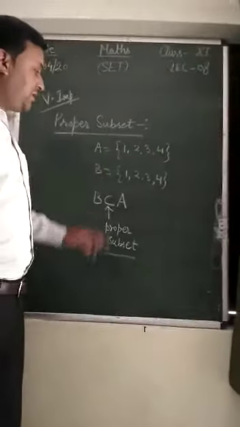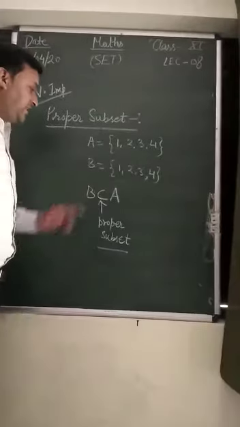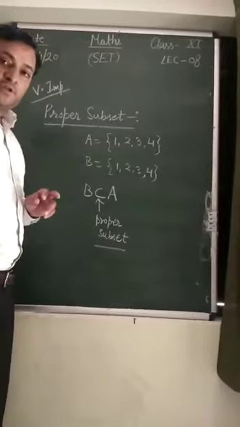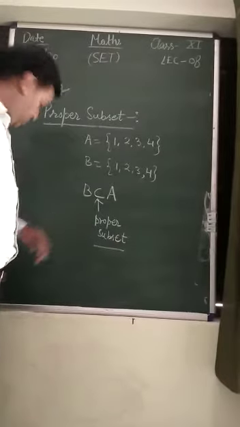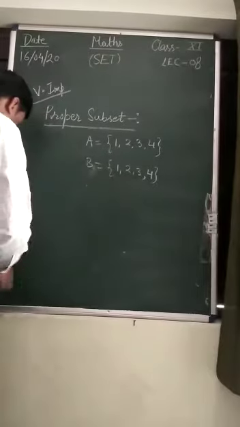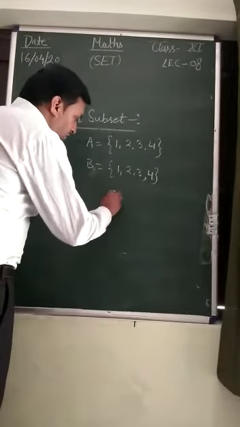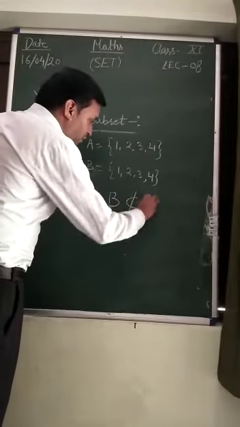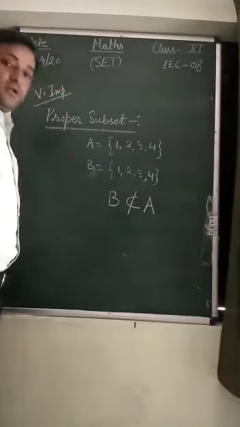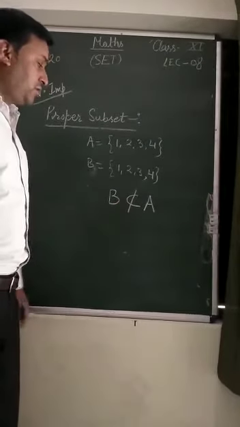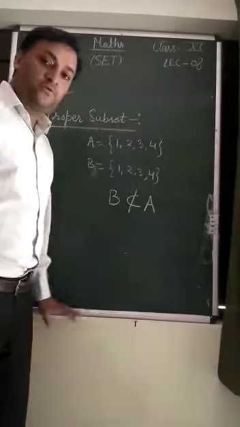So in this example, we can say that B is not a proper subset of A. We write that B is not a proper subset of A, so we cut the subset sign. This is called not a proper subset of A.